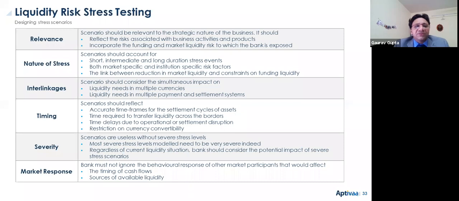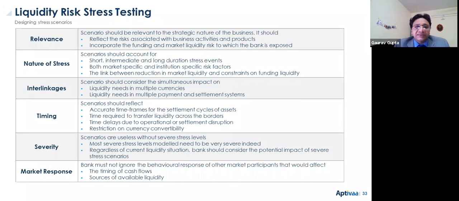So we have almost discussed the liquidity risk stress testing. These are general guidelines that it should be relevant. Generally, what we prescribe is that the stress should be dynamic in nature. For example, dynamic in the sense it should be bank specific, market wide, and a combined scenario, just like the ILAAP.